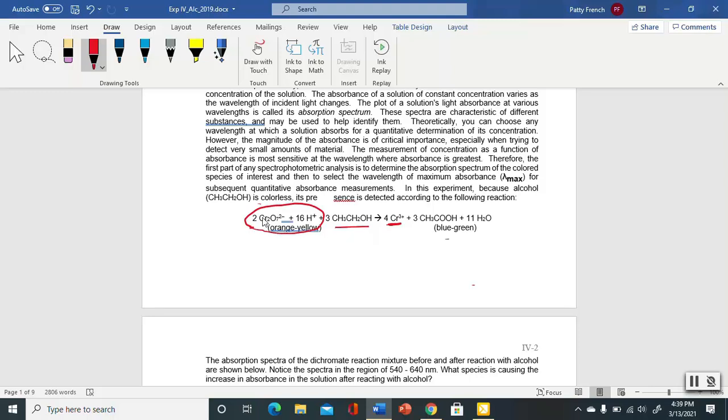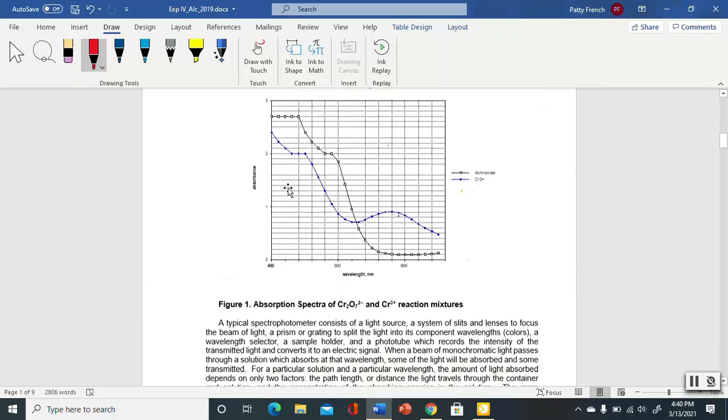When we just had the acidified dichromate, there was no presence of chromium 3 plus at all. As soon as we added the alcohol and let it react, the concentration of chromium 3 plus increased until it reached equilibrium, and that blue-green we could measure at 580 nanometers.